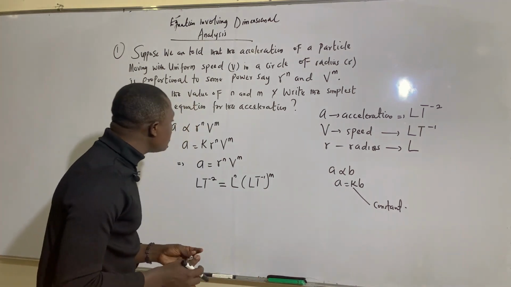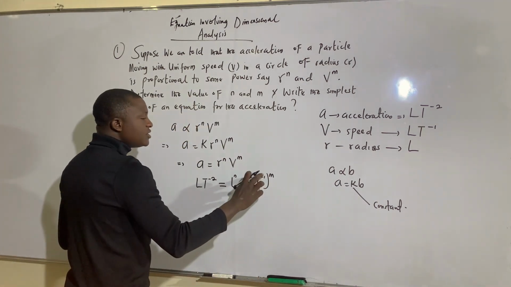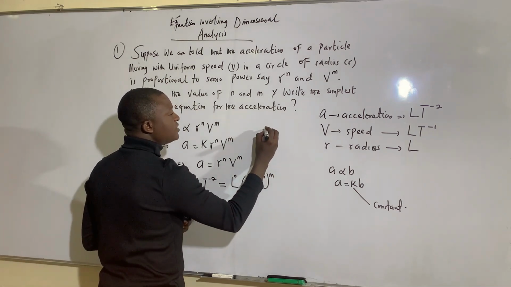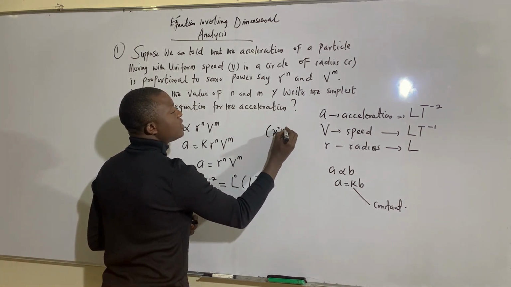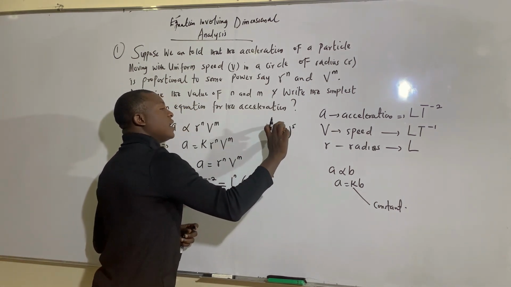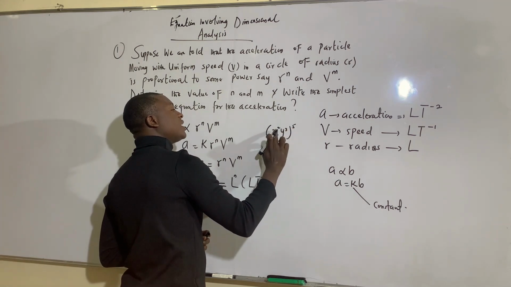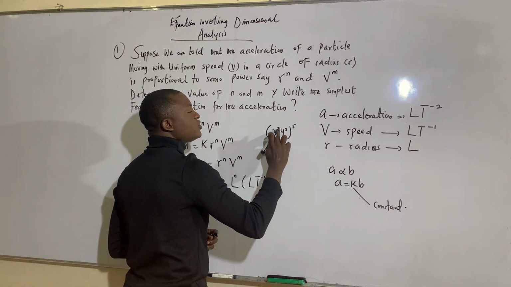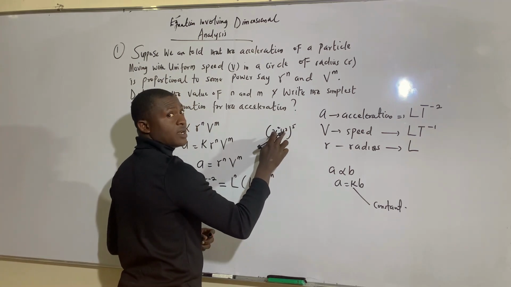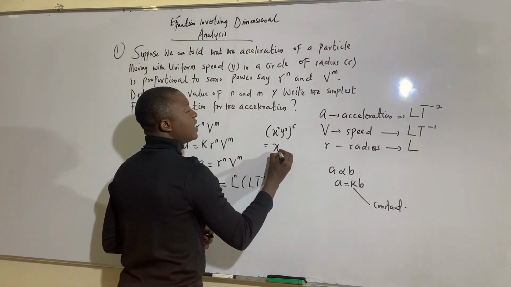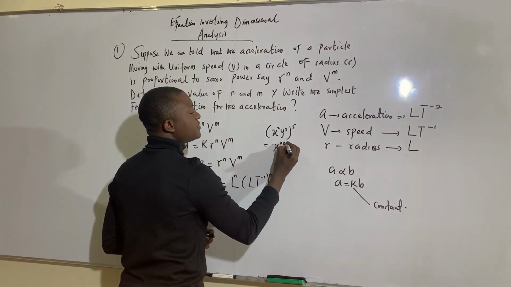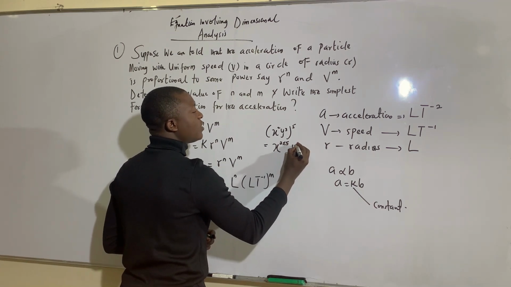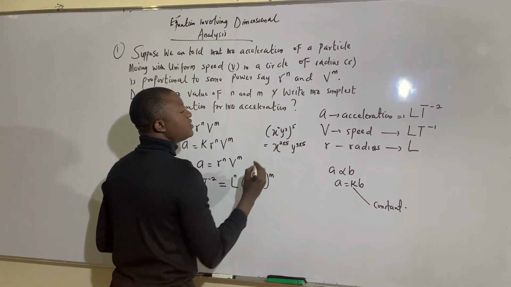Good. Now the next thing, under the law of indices, if I have x squared y cubed, all raised to 5, the 5 that we have outside affects the 2 and at the same time affects the 3. So here I can have x raised to the power of 2 times 5, then y raised to the power of 3 times 5. How did I do that?